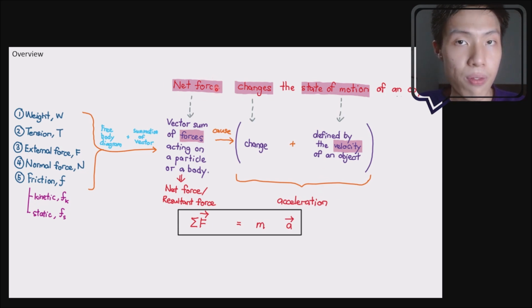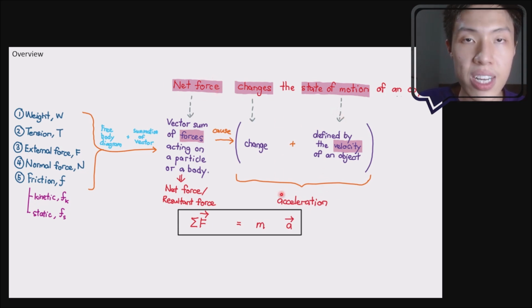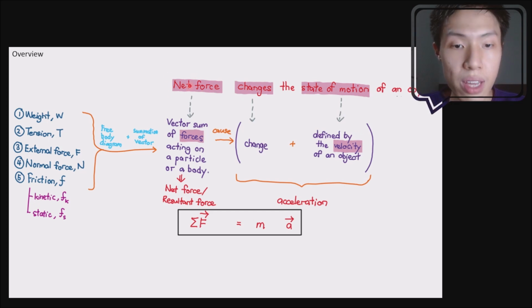Because you have net force, therefore you experience acceleration, therefore the velocity of an object changes. If there is no net force, then there will be no acceleration, then there will be no change in the velocity of an object. That's the idea behind this equation that you have used a lot in your SPM.